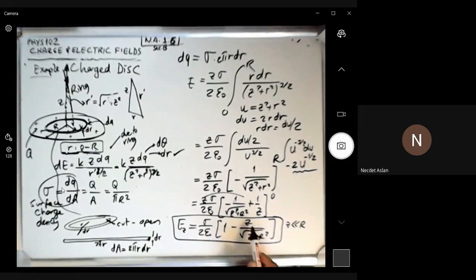But since z is extremely smaller than R, this will be a very small number divided by R, but this is also very small. So in this case, you can eliminate this, and you see that for z very small, in other words, very near surface, electric field will be given as sigma over 2 epsilon 0.